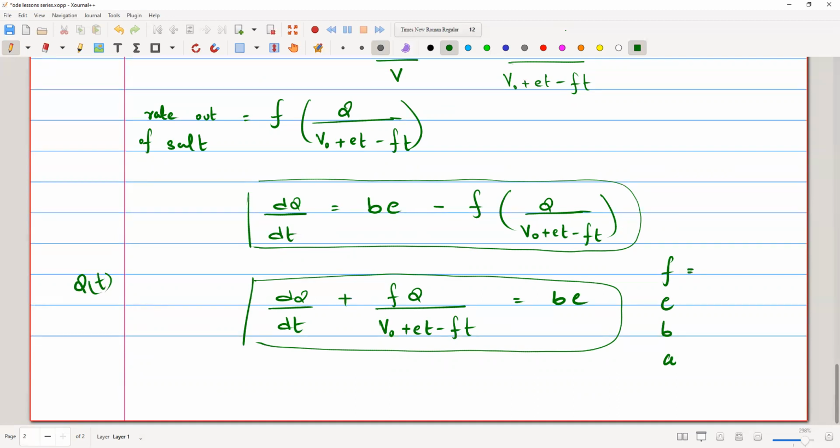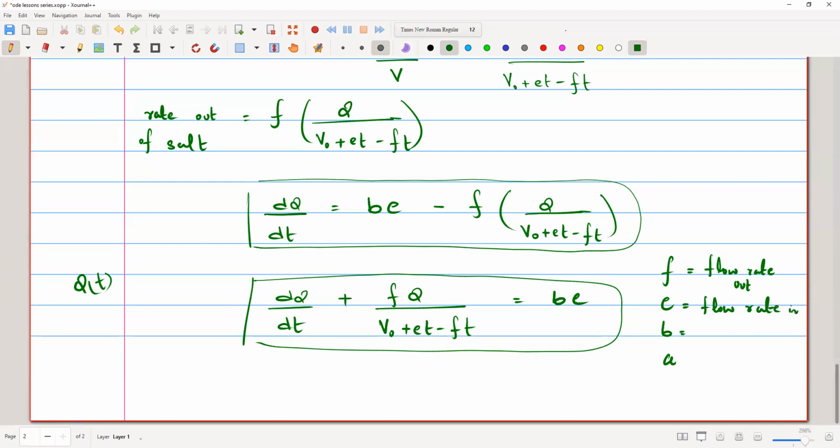F is the flow rate of the brine solution coming out. This is the flow rate of the brine solution coming in.